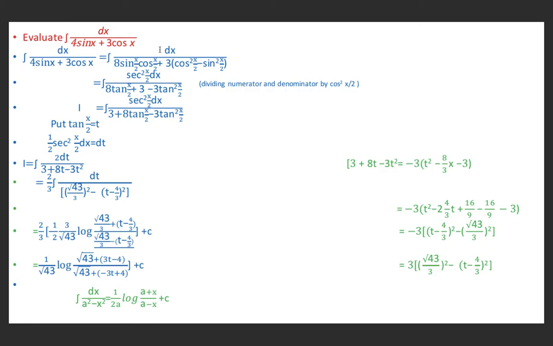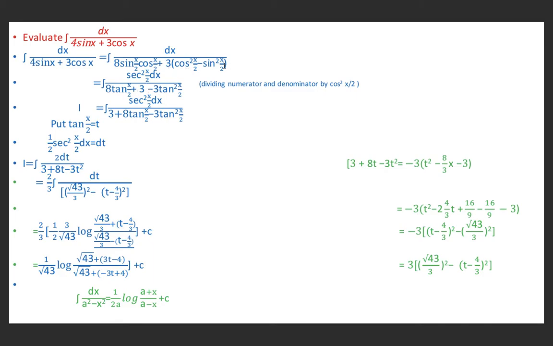If we divide numerator by cos square x by 2, so 1 upon cos square x by 2 is secant square x by 2 and here we have dx. If you divide this term by cos square x by 2, so 1 cos x by 2 will cancel and sin x by 2 upon cos x by 2 is tangent x by 2, so 8 tangent x by 2. So for this term, this is 3 cos square x by 2. Divide by cos square x by 2, so we are left with 3.